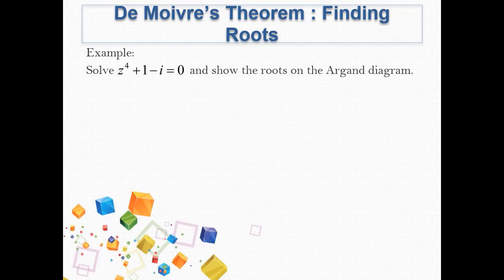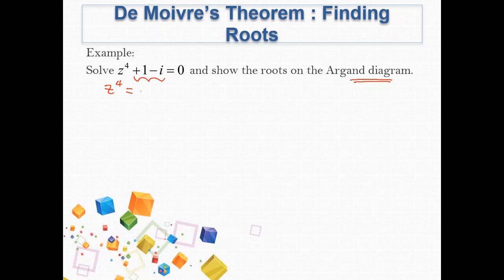Okay, next example is this. Let's say you have z to the power of 4 plus 1 minus i equal to 0, and show the roots on the Argand diagram. So towards the end, after you find all the roots, you need to plot the Argand diagram. Okay, so you need to rewrite this equation, become z to the power of 4. Bring the rest of this to the right hand side.